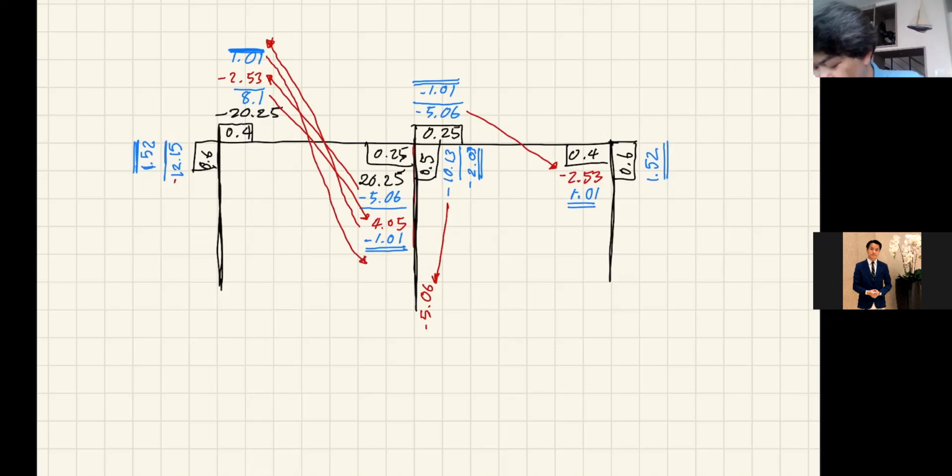So let's have some number. It's minus 0.51, minus 0.51. This will be carried over here. Minus 0.51. And then this will be back there. 0.51. And then what else here, right? Minus 1 something.